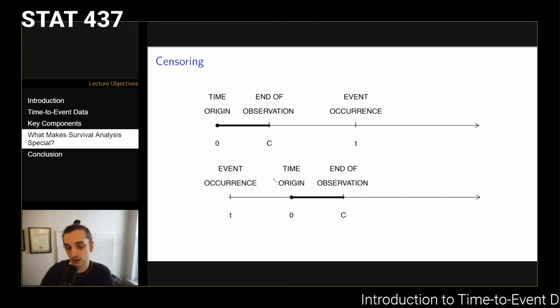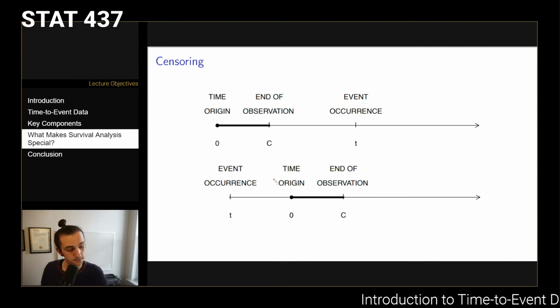A way that you could think about this is if, for instance, the event is the time that you started smoking cigarettes, right? When you have an individual who you enroll in your study, if they've already smoked, you might ask them, when was your first cigarette? And that could have been years ago, right? And so that is censored in this opposite direction.